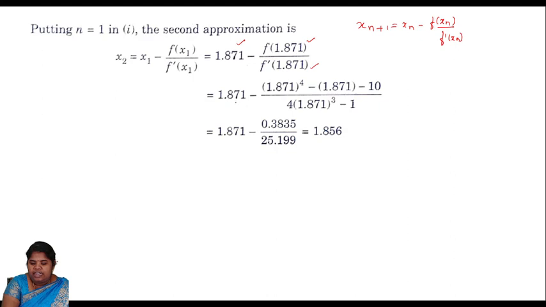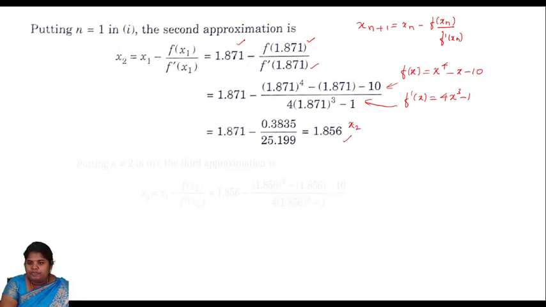Our f of x is x power 4 minus x minus 10, and f dash of x is 4x cube minus 1. After solving this we get 1.856. So this is the value of x2.